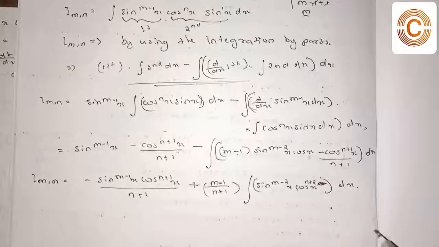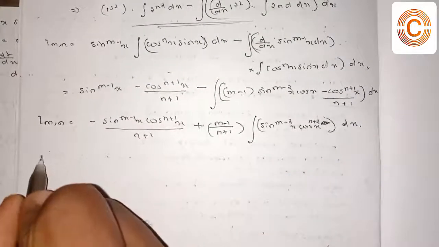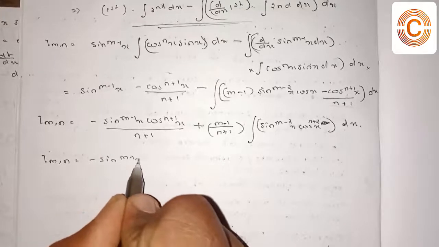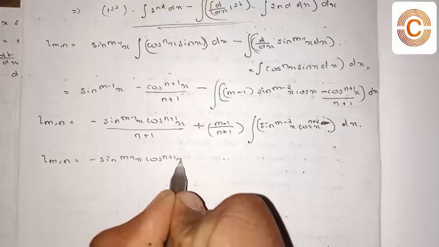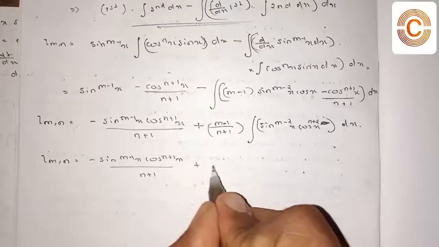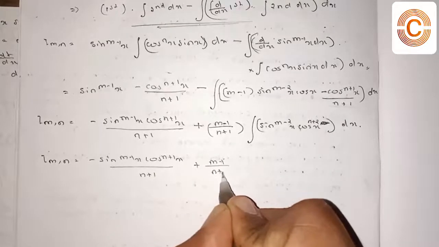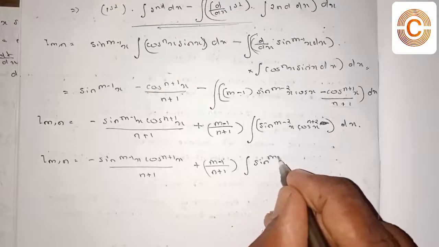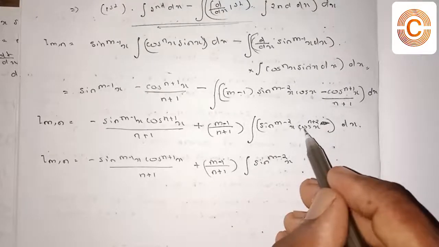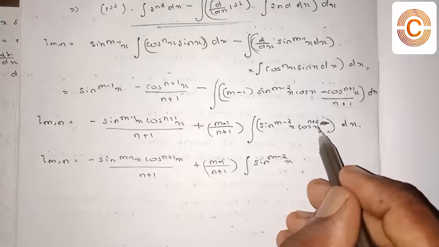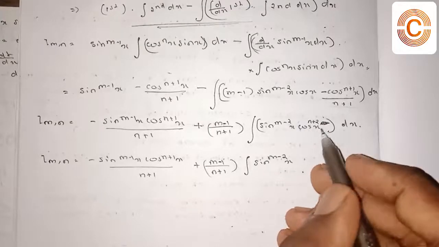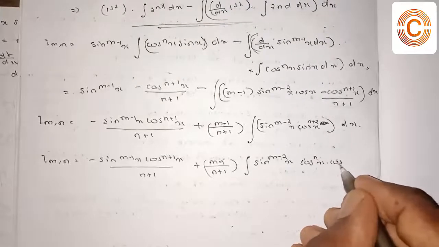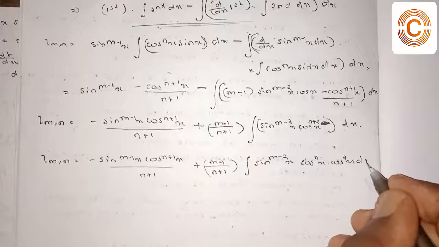So in the next step, I m comma n is equal to minus sin raised to m minus 1 x cos raised to n plus 1 x divided by n plus 1 plus m minus 1 divided by n plus 1 into the integral of sin raised to m minus 2 x into, note here that cos raised to n plus 2 x is existing, so we can write it as cos raised to n x into cos square x dx.